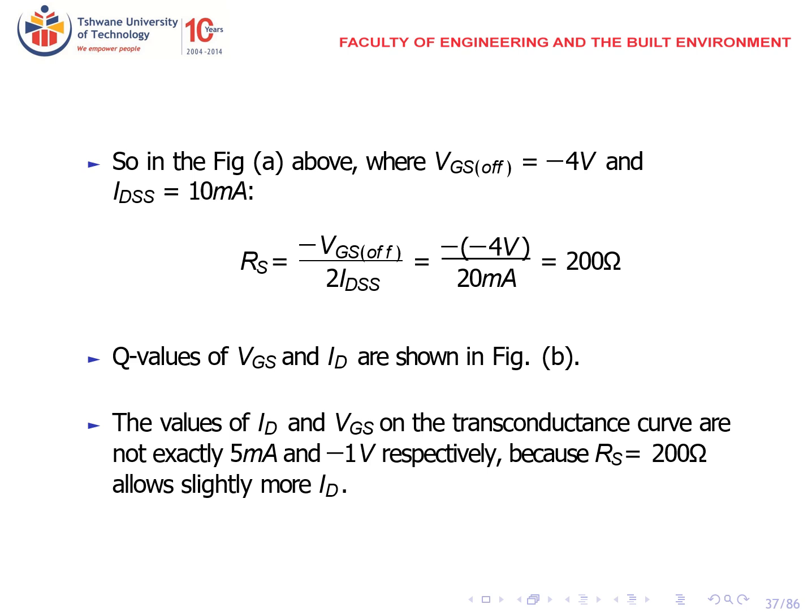So minus a minus 4 divided by 20 milliamperes gives us 200 ohms. So Q values of VGS and ID are shown in figure B. The values of ID and VGS on the transconductance curve are not exactly 5 milliamperes and minus 1 volt respectively, because RS equal to 200 allows a slightly more ID.